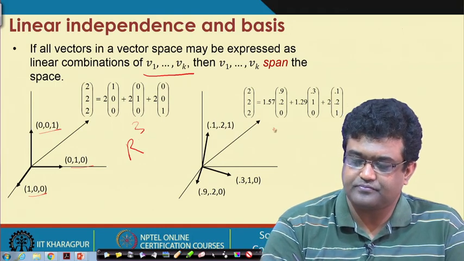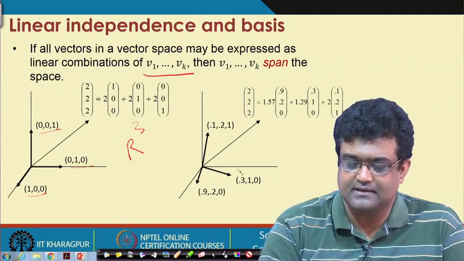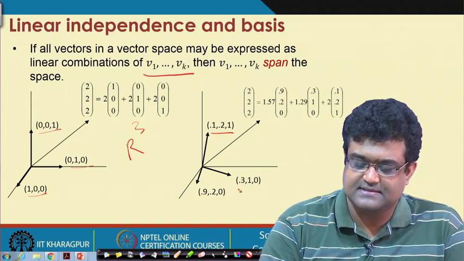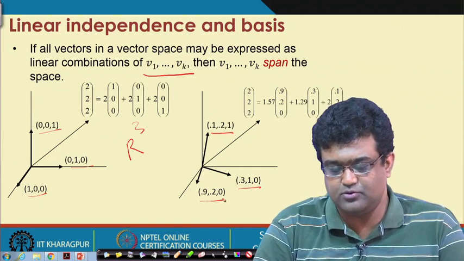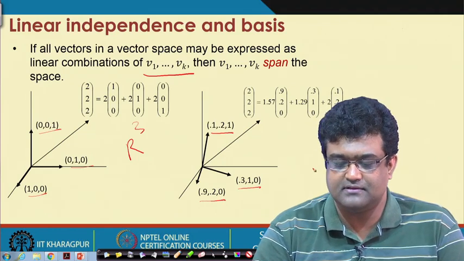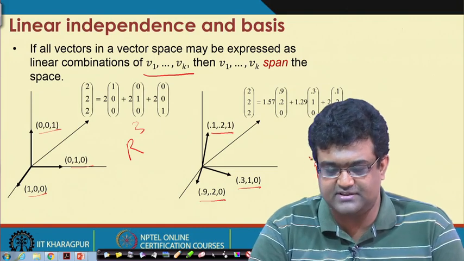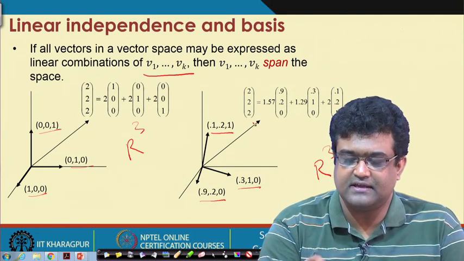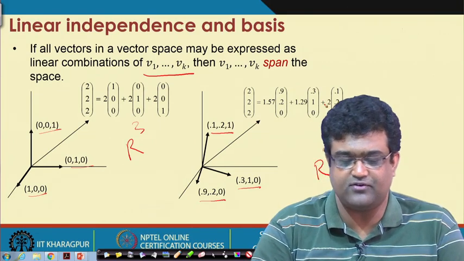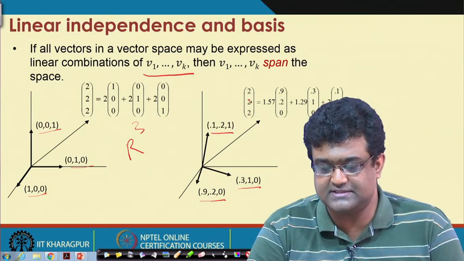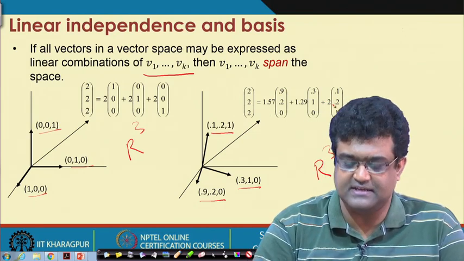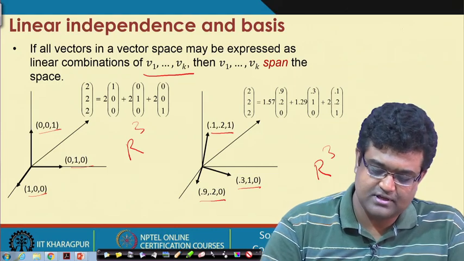Similarly, you can see that this and this vector together also span the vector space of R3, and any vector, for example the vector 2 2 2 in this case, can be generated as a linear combination of these vectors.